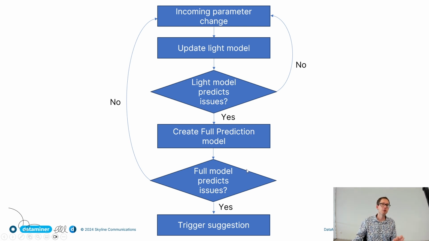Now, this full prediction model may or may not detect an issue. If it doesn't detect an issue, we do nothing. But if it does detect a crossing of a forbidden threshold, well then, and only then, will we trigger a suggestion event. Okay, so that is in a nutshell how the proactive cap detection algorithm works.